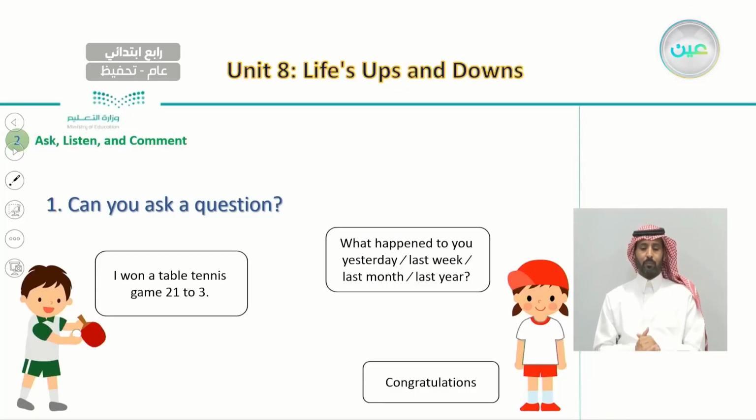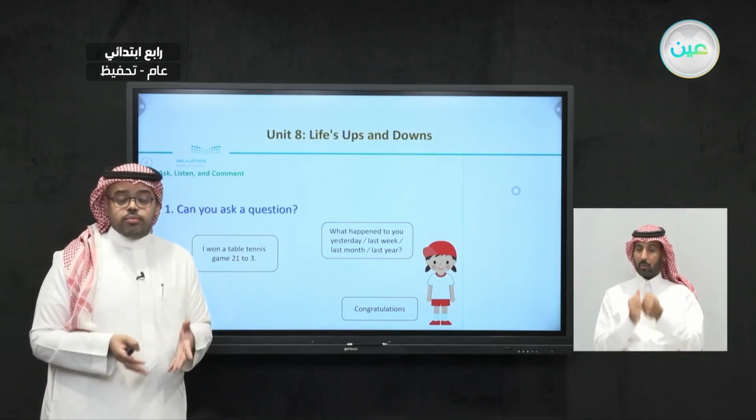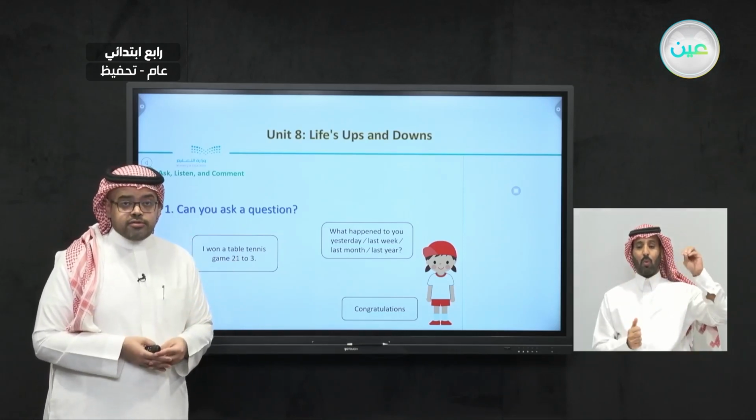So, for example, when she asked her brother, what happened to you yesterday? He says, I won a table tennis game 21-3. So her brother used the verb won, which is an irregular verb used in the past.